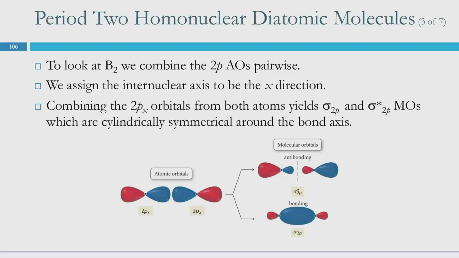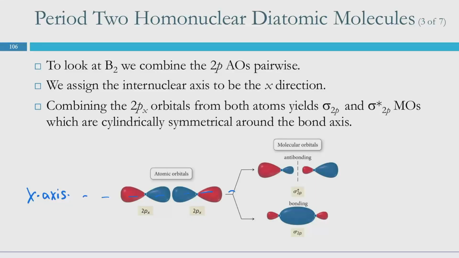So the line that skewers them, that's our x-axis. And they're going to have their 2px orbitals, the ones that lie on that x-axis, that can directly overlap end to end. What would we call that kind of a bond? Sigma or pi? Directly overlapping it. Sigma. So this is our sigma situation.